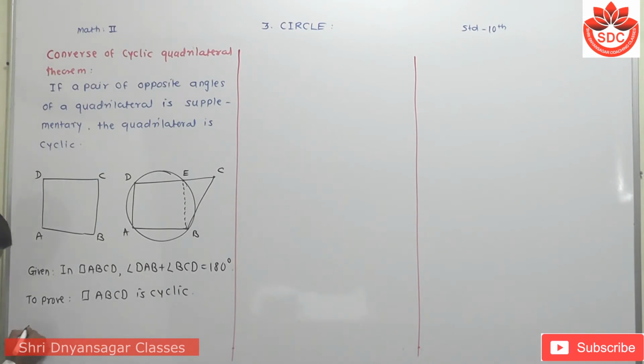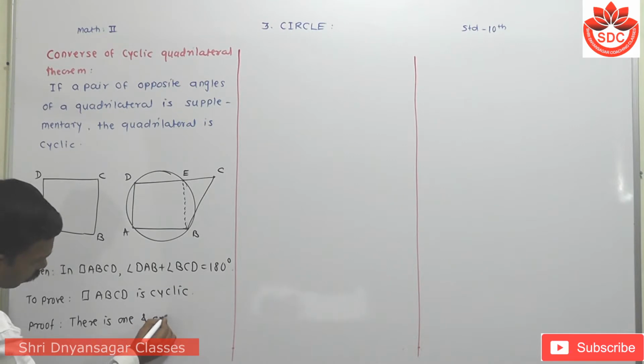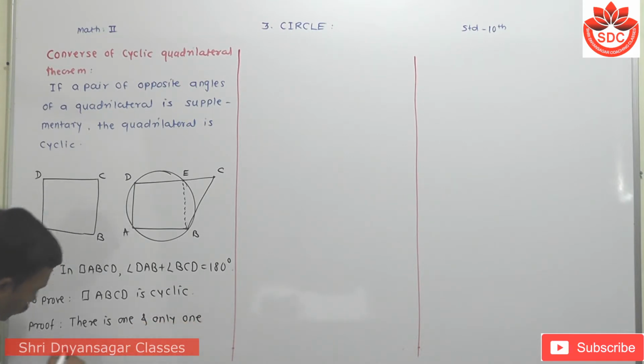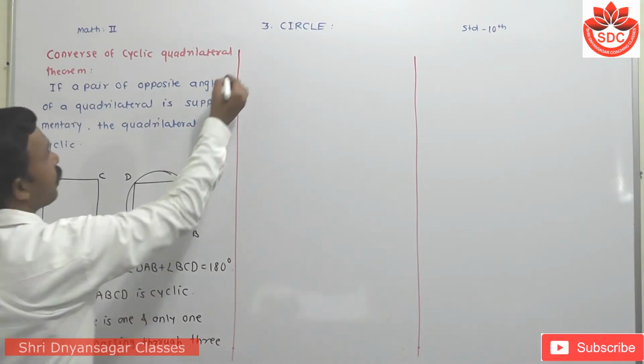So in your proof, first I have to write here in proof: there is one and only one circle passing through three non-collinear points.